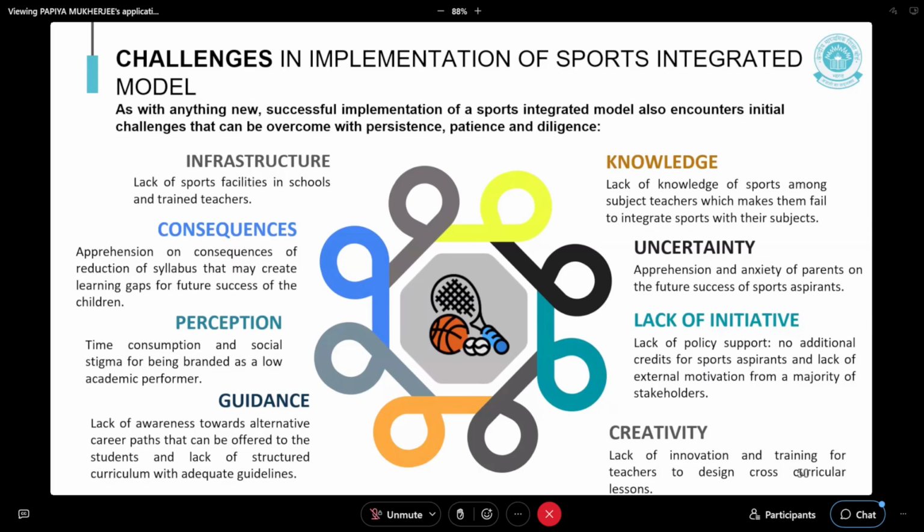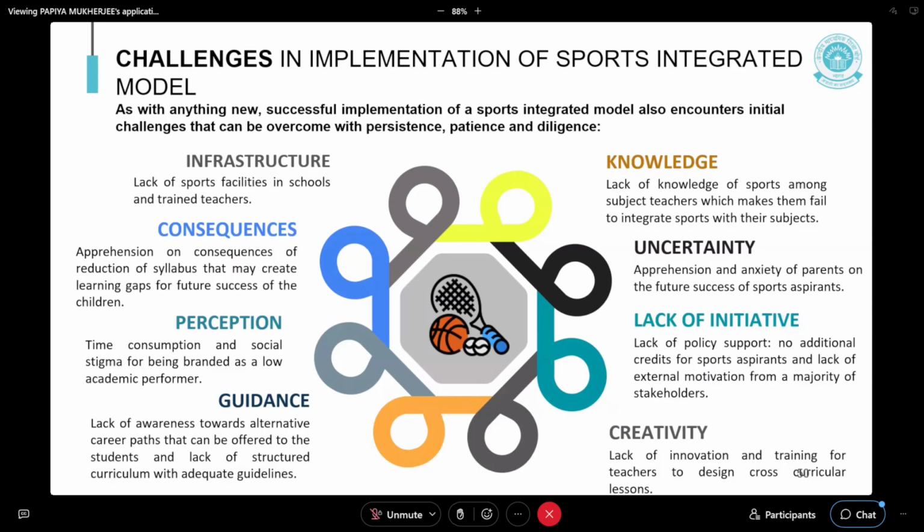The greatest challenge that we come across when we think of implementing sports integrated learning in our schools is sometimes the lack of sports facilities, the infrastructure, lack of knowledge. Many a time it is lack of knowledge. Knowledge among what? Subject teachers may not have the knowledge of sports and therefore fail to bring about the linkage and integrate the concept with a sporting activity.